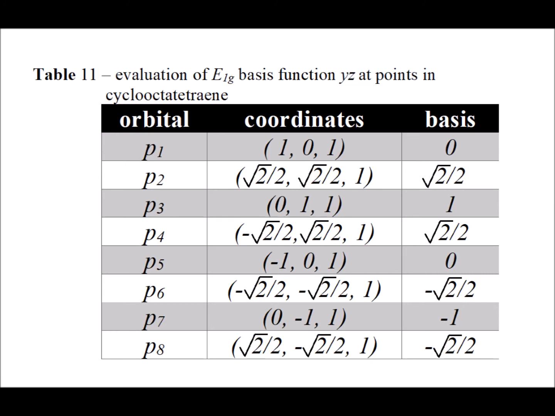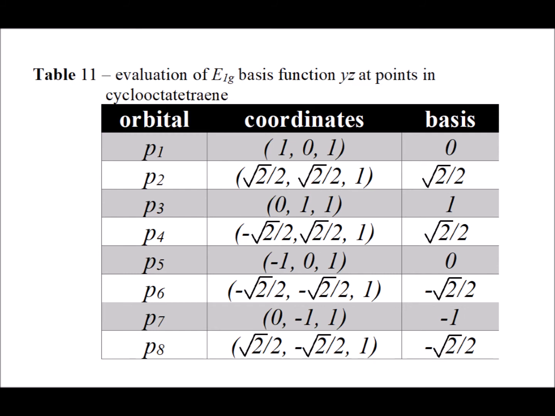Now in table 11, we have to evaluate the second basis function for E1g, the yz basis function, to generate the appropriate coefficients for this version of the molecular orbital.